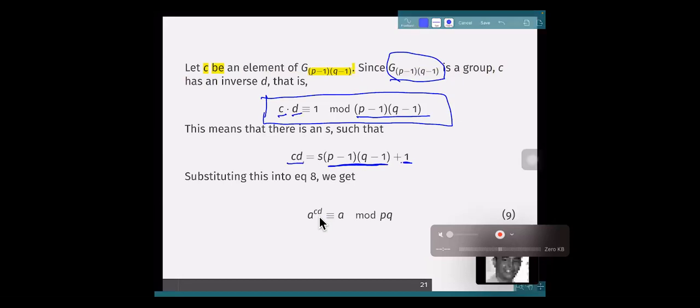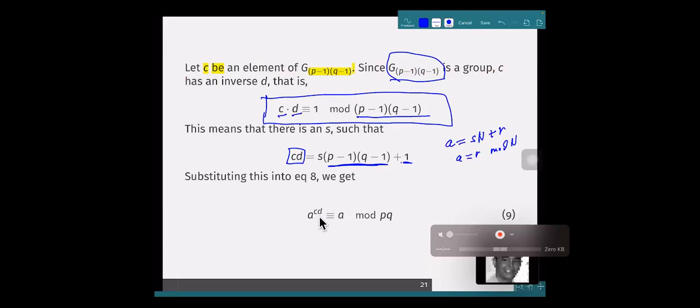Let me refresh your memory again by the definition of modulo. By definition of modulo, A is equal to S times N plus remainder. So ibig sabihin, A is equal to R modulo N. So ano yung N natin dito?